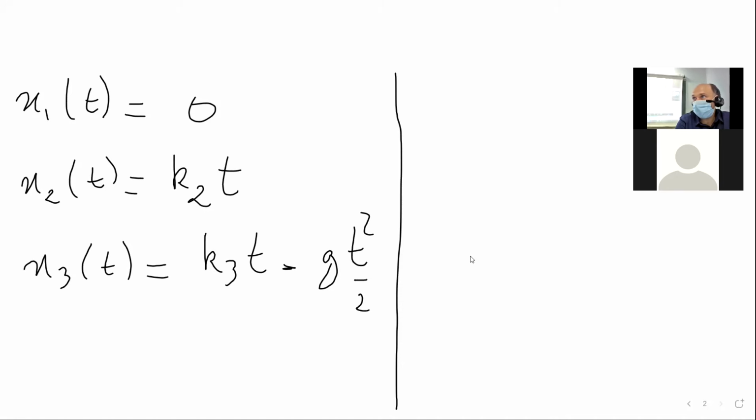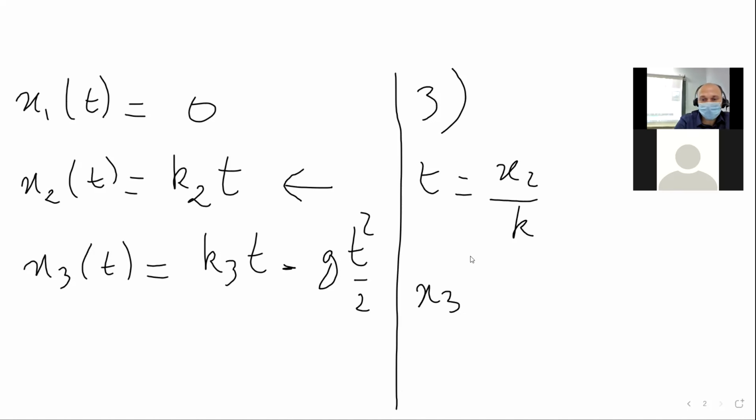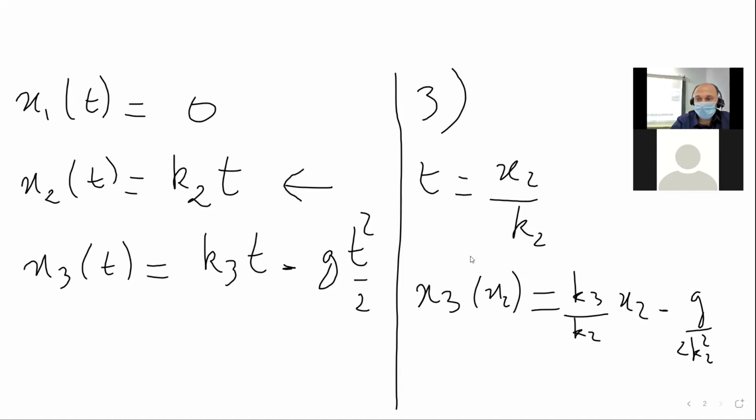All right, so this is question 2, and for question 3, from here I can express t as a function of x2, and then I plug it into the last equation, and I find that x3 of x2 equals, sorry, because it's k2, k3 divided by k2 times x2 minus g divided by 2k2 squared times x2 squared, which is a parabola.